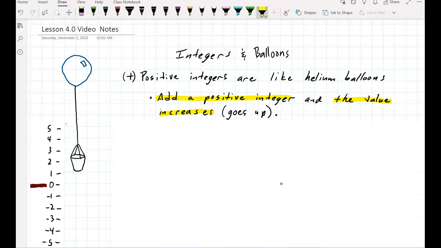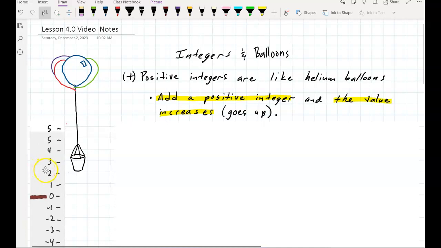So, let's say I'm going to add 3 helium balloons to my diagram. 1, a green one, 2, and a purple one, and 3. Okay, I've added 3 balloons. What's going to happen to my balloons? What you should expect is that the balloons will go up.